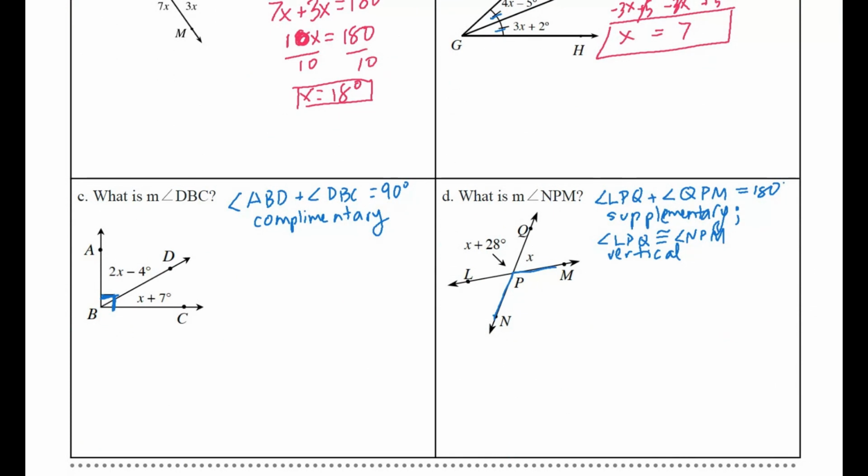Next, I have complementary angles, so these 2 angles will add to 90 degrees. That's 2x minus 4 plus x plus 7 equals 90 degrees. Combine like terms, getting 3x plus 3 is equal to 90 degrees.